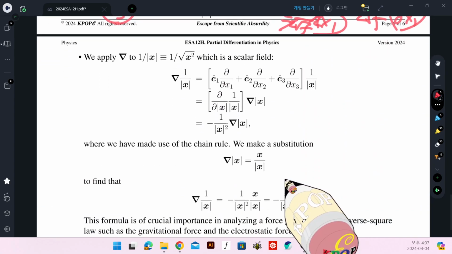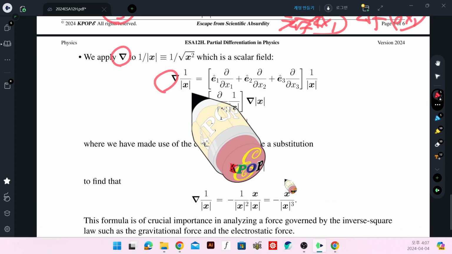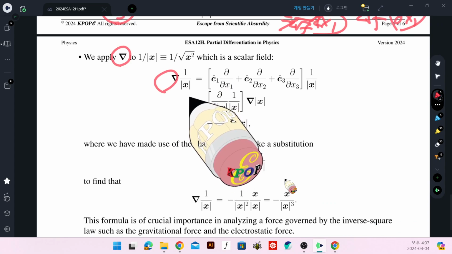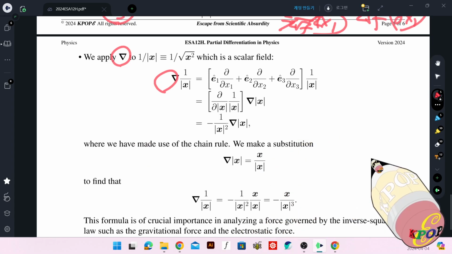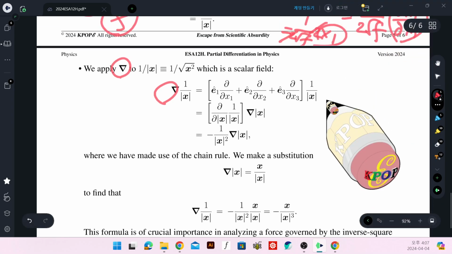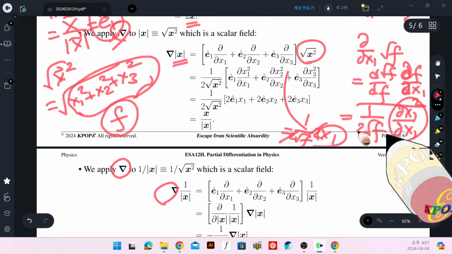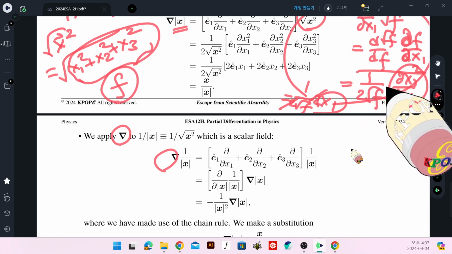In a similar manner, we can compute the gradient of 1 over r. This is a very, very useful function that appears in electrostatics and the gravitational force. We again make use of this kind of chain rule. And the derivative for this is much easier than that of the square root.